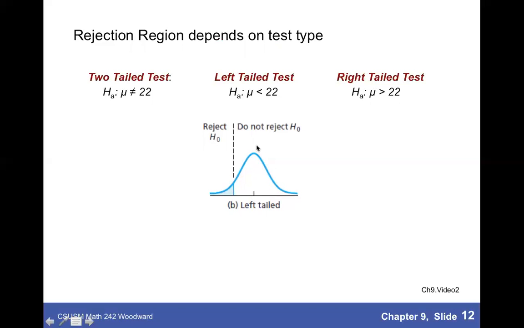For the left tail test, my rejection region is this tail area here. And the do not reject region is this area. What that means is that once I compute my z-score, for the critical value approach, I will look on this line and say, well, where's my z-score? If my z-score is in here, then I will reject H0. If my z-score is out here, I will not reject. And that's as simple as that. You just have to know how to divide it.